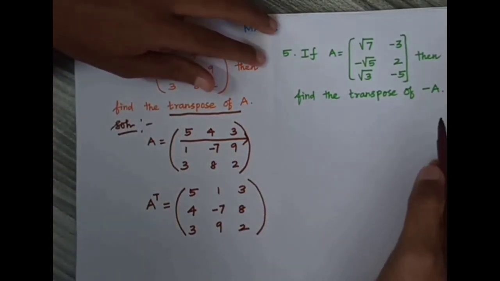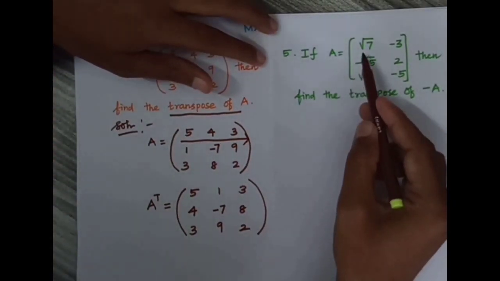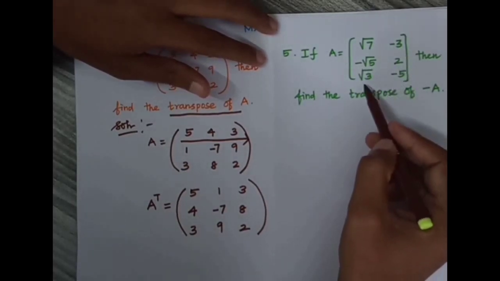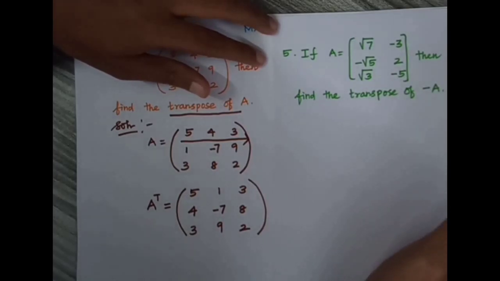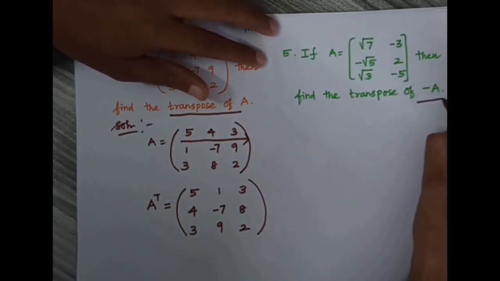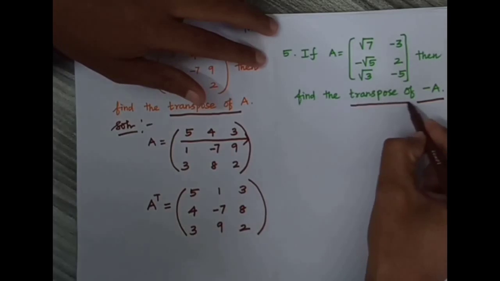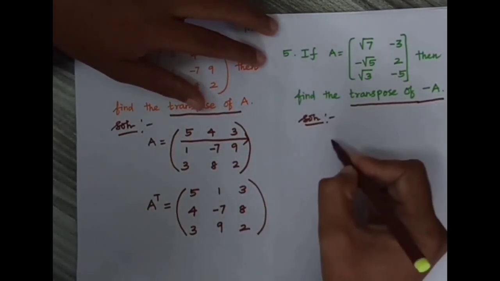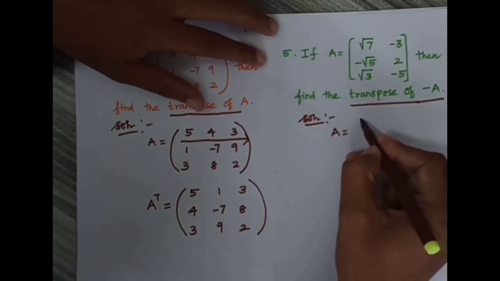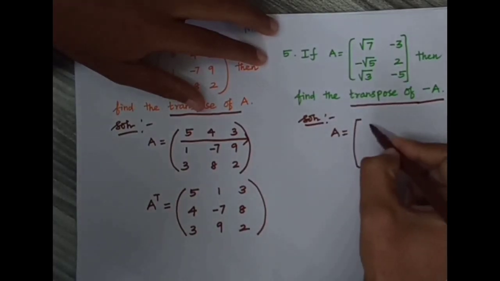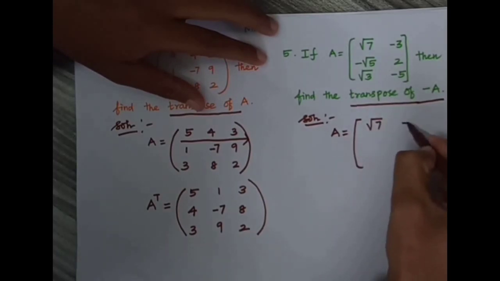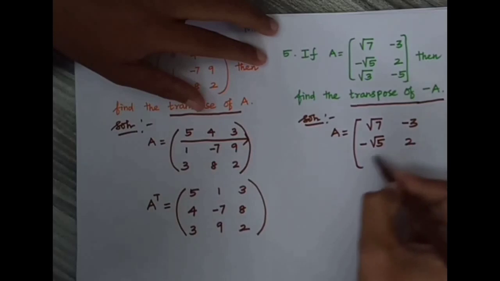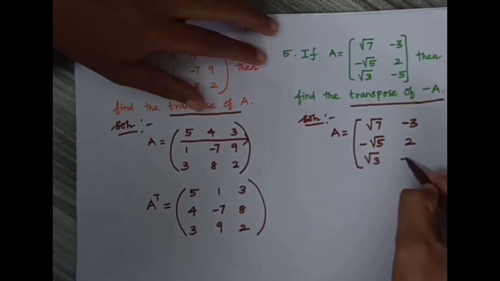The next problem is if A is root 7, minus 3, minus root 5, 2, root 3, minus 5. Then find the transpose of minus A. So first we have to find out minus A. Here matrix A is root 7, minus 3, minus root 5, 2, root 3, minus 5.